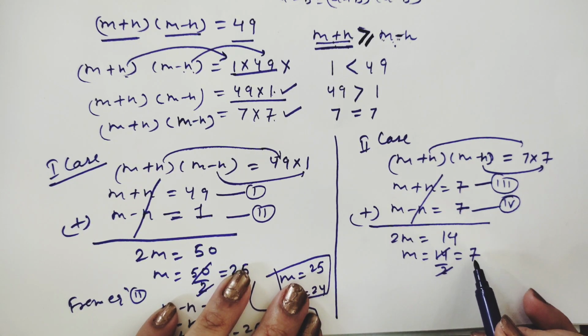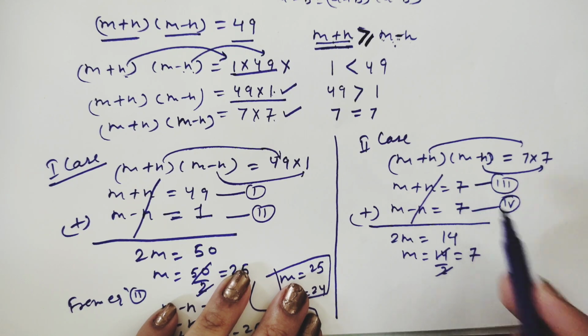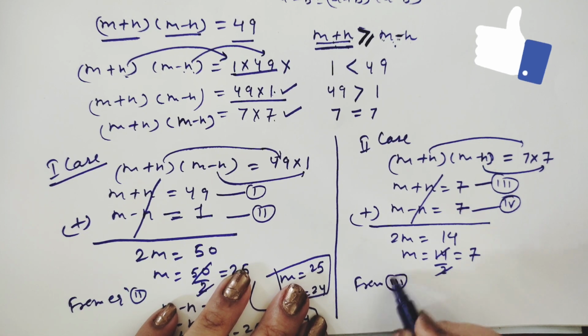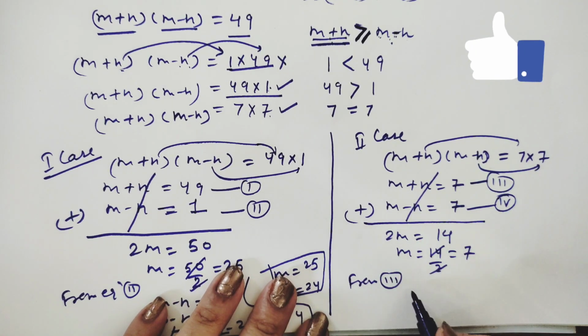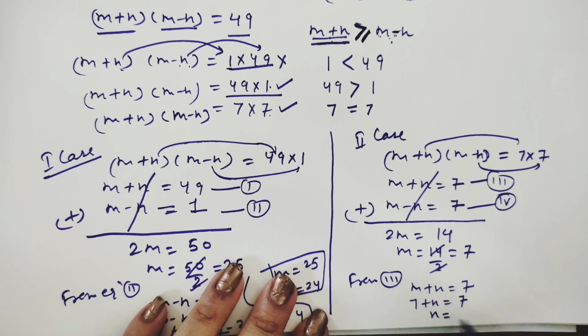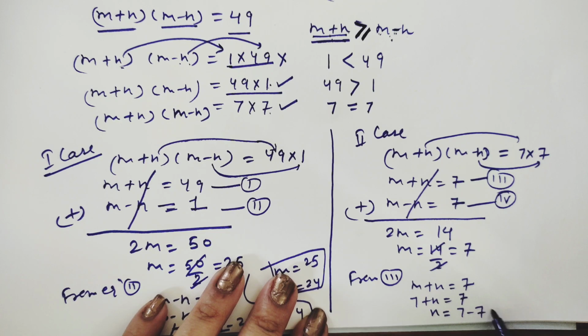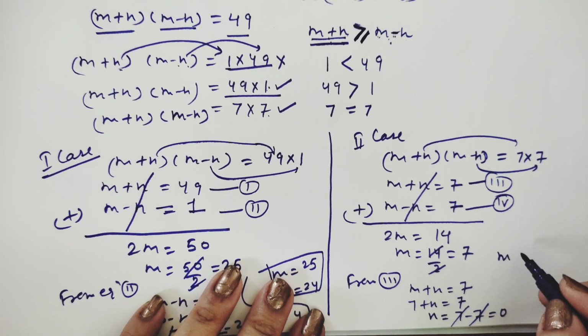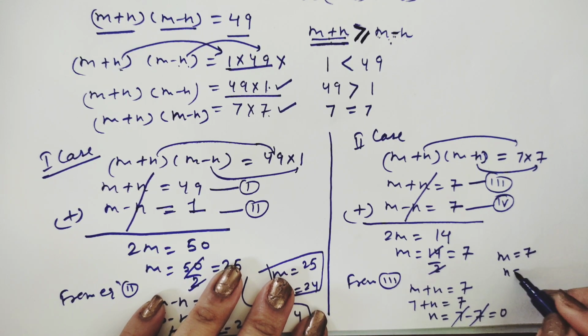Now put the value of m in the third equation, m plus n equals 7. M value is 7, so n is 7 minus 7, which is 0. So for the second case, m value is 7 and n value is 0.